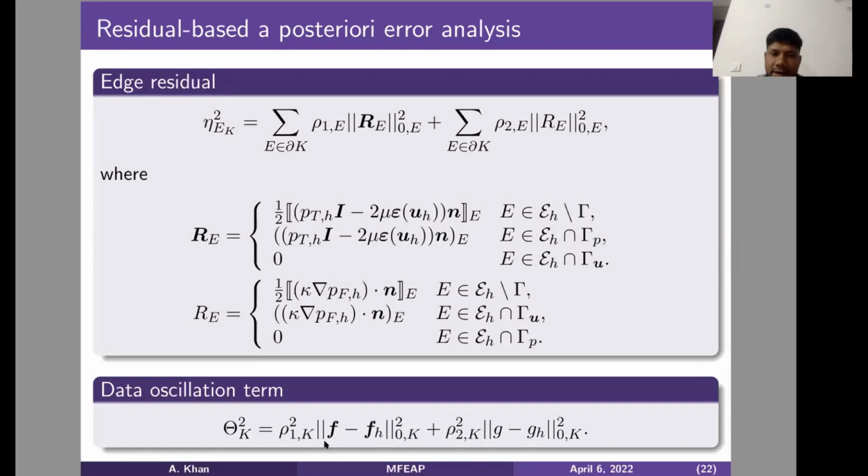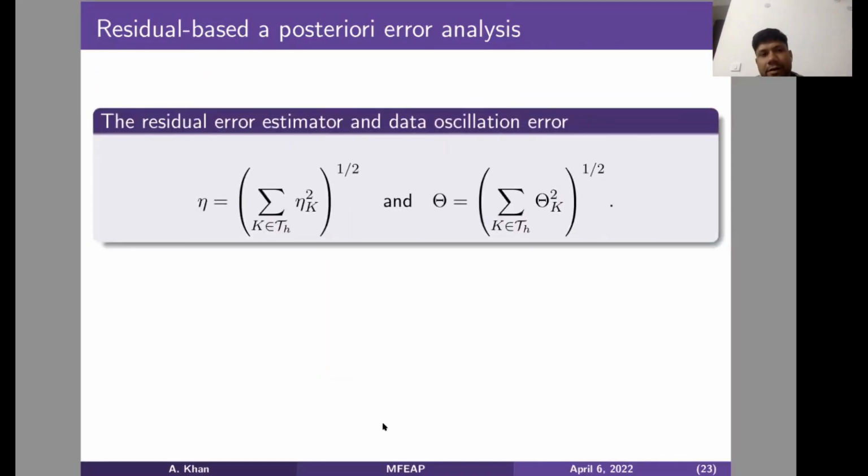And then we define the data oscillation term, which represents the error between our actual data and its approximation. Then we write our residual estimator as the sum of all the local contributions, and we define the data oscillation term in the same way.